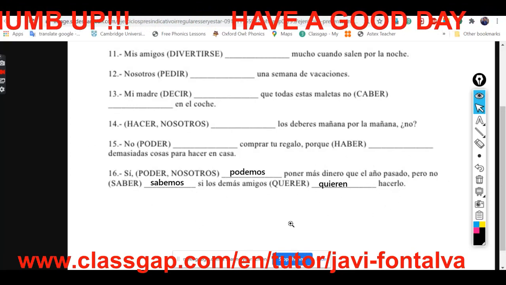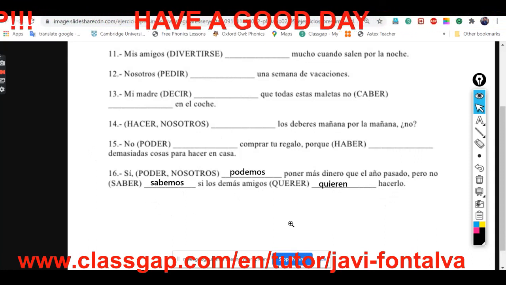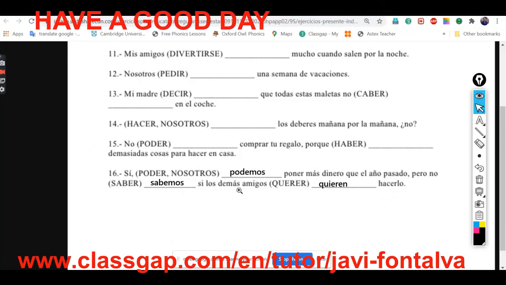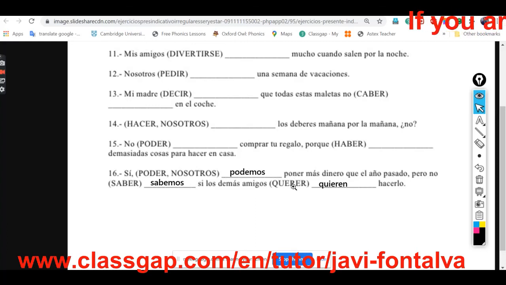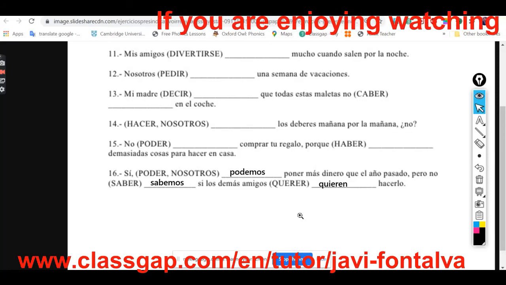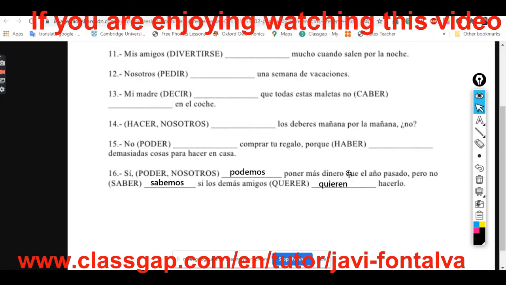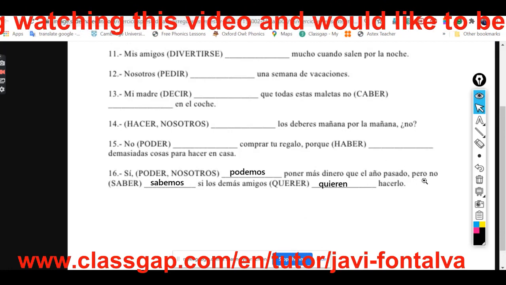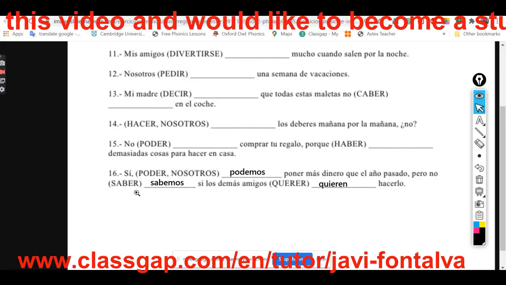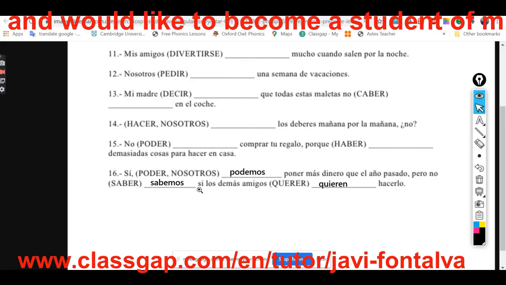What does this mean? So yes, we can poner. What is poner? That means to put or place more money than last year, but we don't know if.